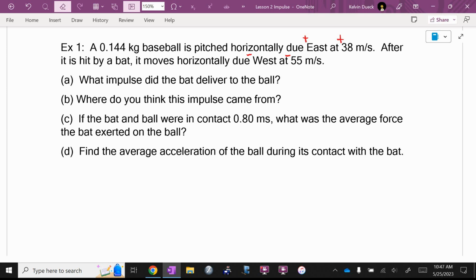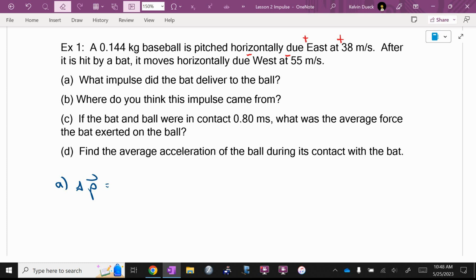Okay. Brendan, what does A want me to find? So impulse, which is change in momentum, there's two ways to find it. Force times time or mass times change in velocity. Which method do you think I'm going to use here? And this is how you can figure it out. Look at what they gave you. Did they give you forces and times, or did they give you changes in velocities?